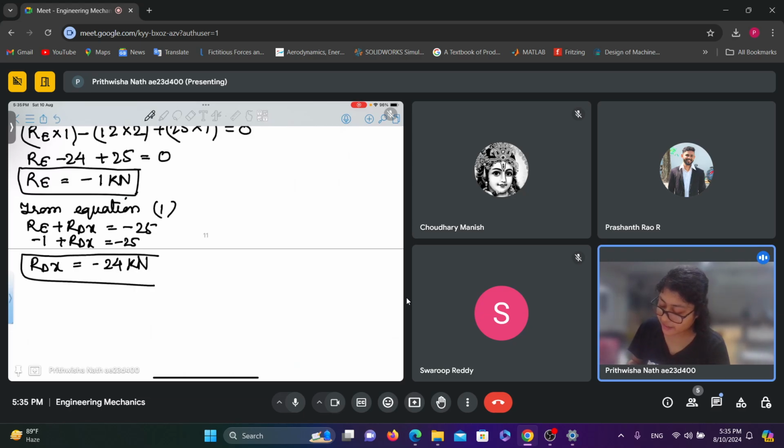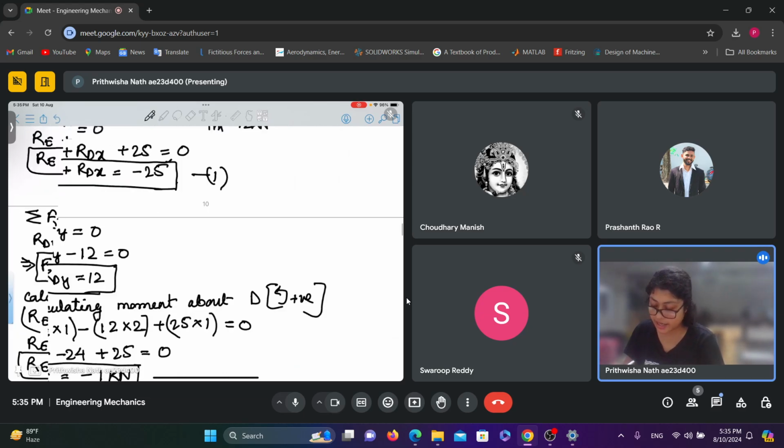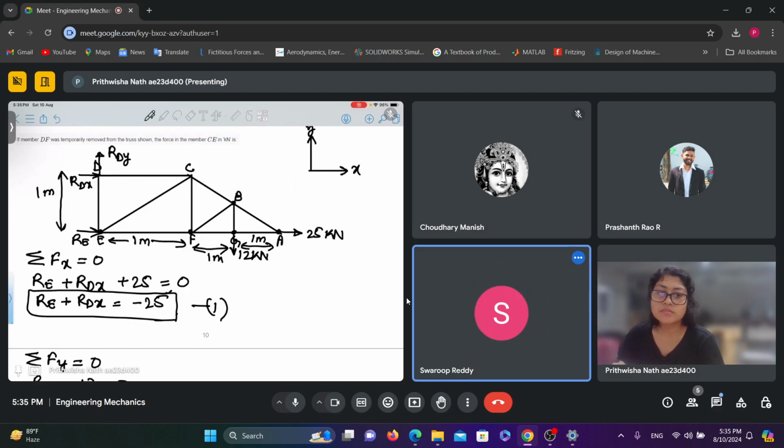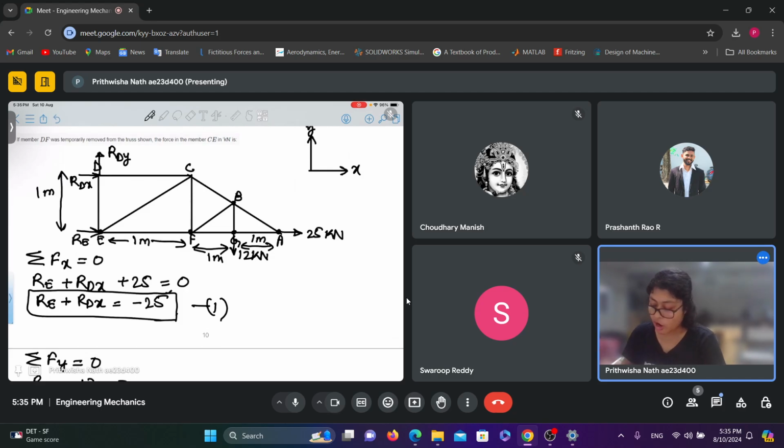So the negative sign here suggests that RDX is in the opposite direction that we have considered, right? Is there any confusion regarding this point? No, ma'am. Initially we had considered that RDX and RE both are in positive x direction, but from our calculation it turns out to be negative, which suggests that they are in the opposite direction.